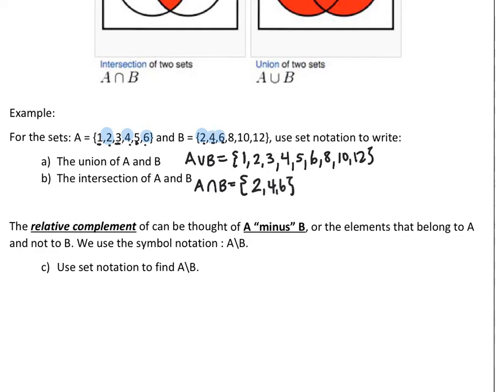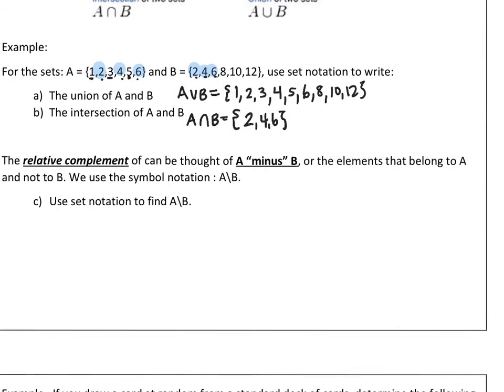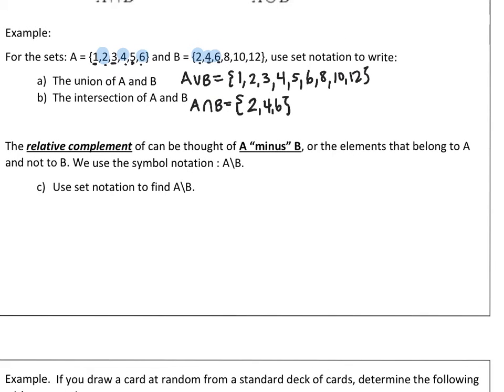Okay, we also have something called the relative complement. You can think of it as A minus B, and we write that like this, A given B or A minus B. So think of it as everything that belongs to A, but not to B. So if you were to write down the A set and then take out the things that are in B, right?